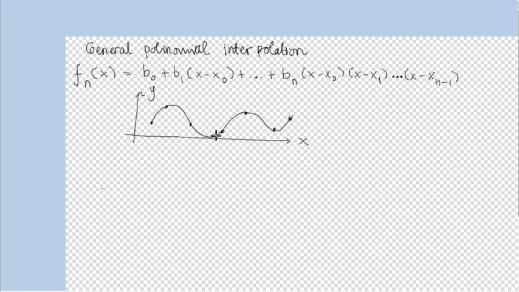uses all these points. In application, this may not be useful because the real function will not be like this. So better to use linear interpolation in each 2 points, or you can use in each 3 points. You make a quadratic interpolation, and then again 3 points quadratic interpolation, and so on.